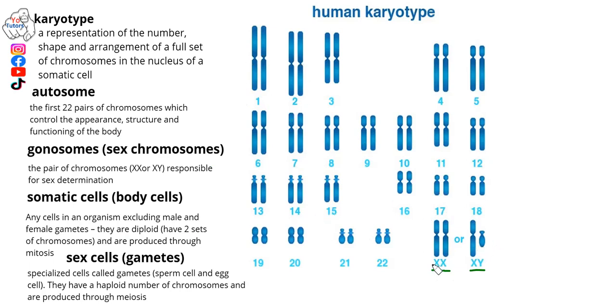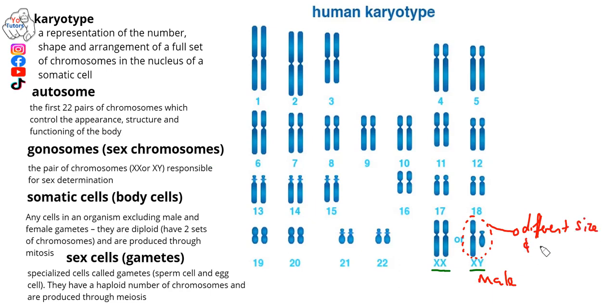But when you look at the last pair, which is the 23rd pair, we see that a male has X and Y. How do we see that? We see it with the different size and shape of the last pair.